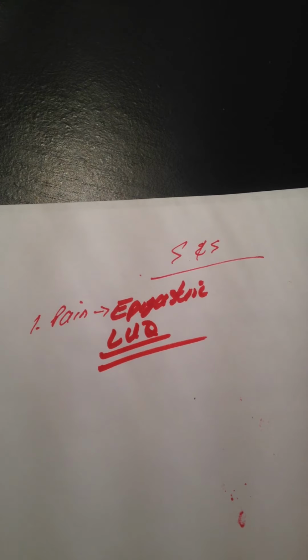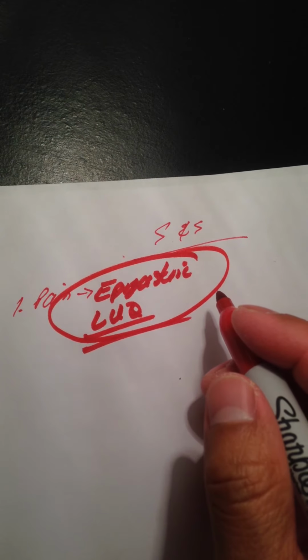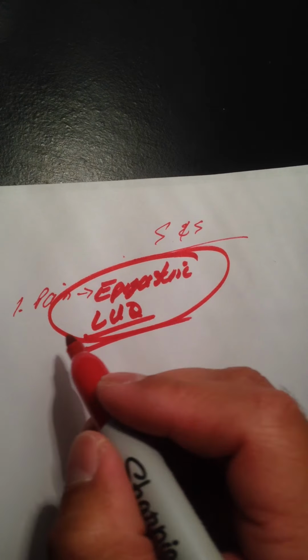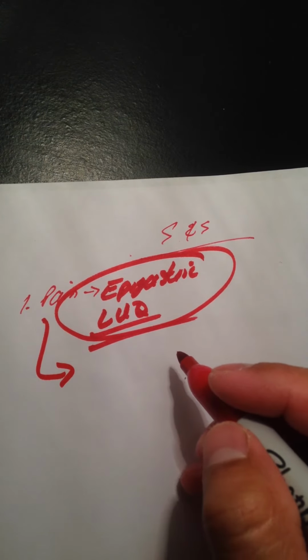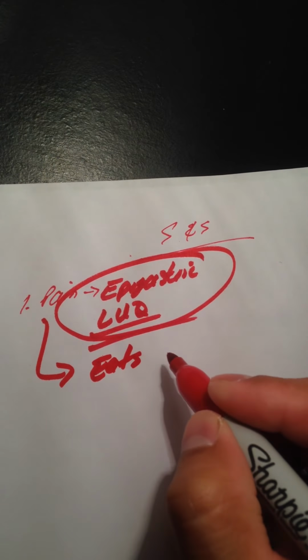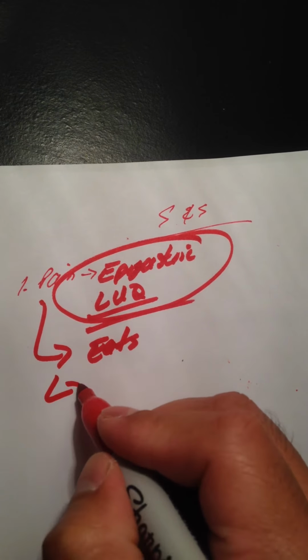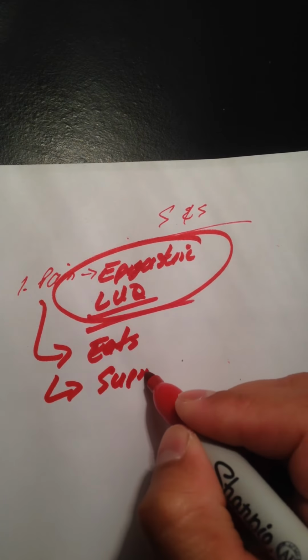So make sure you know both of these, either your epigastric or your left upper quadrant region. Now, this pain is going to increase anytime the patient eats, and especially in the supine or recumbent position.